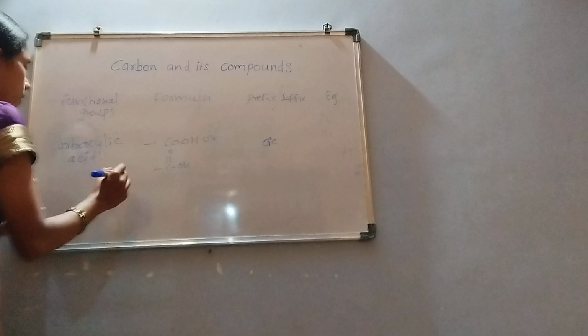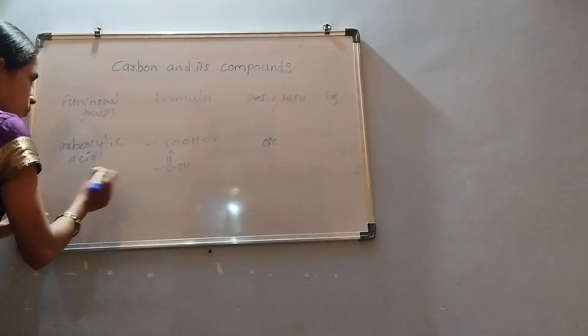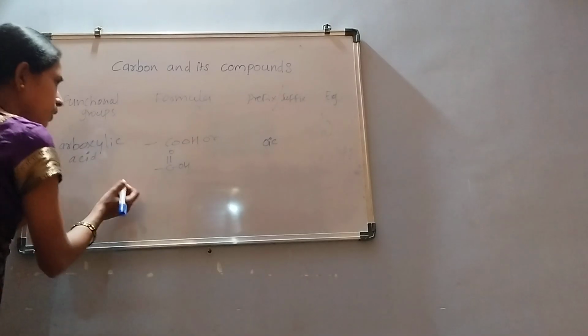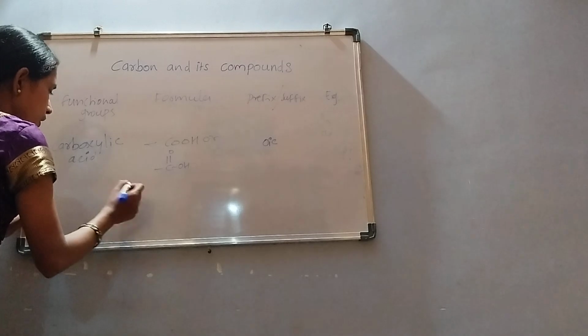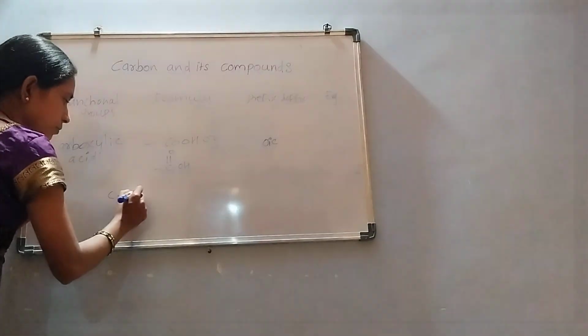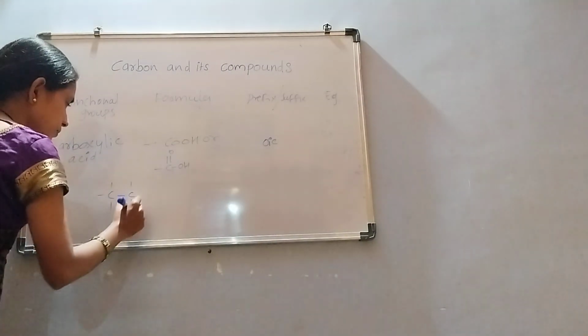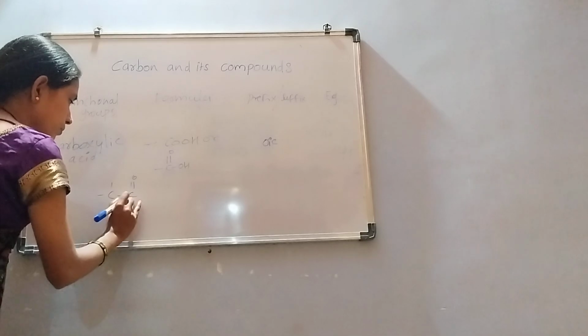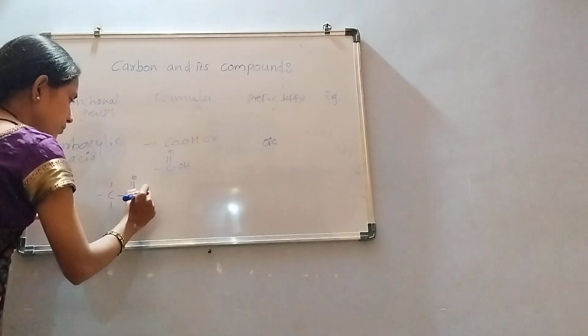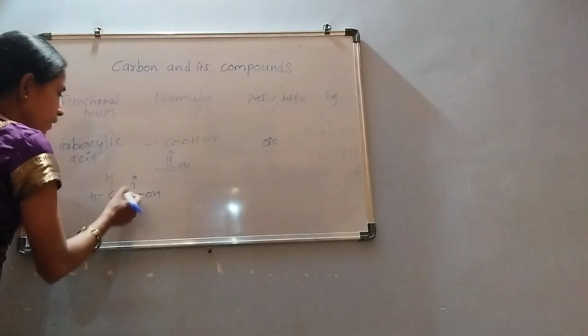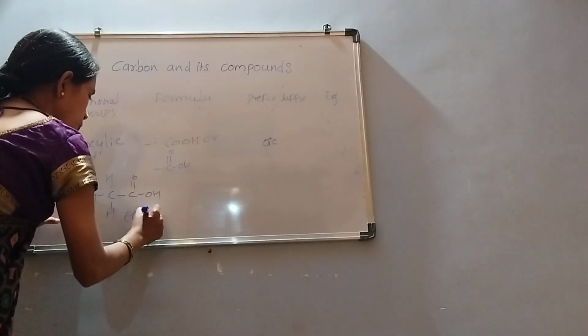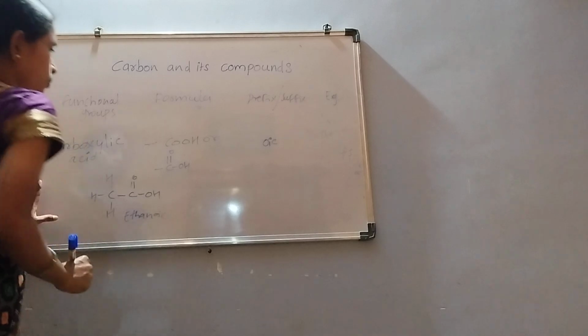For example, methane is not possible, but methanoic acid is there. In case of ethane, this is called ethanoic acid. We call it acetic acid also. So ethanoic acid, like this we can take propanoic acid, butanoic acid, pentanoic acid.